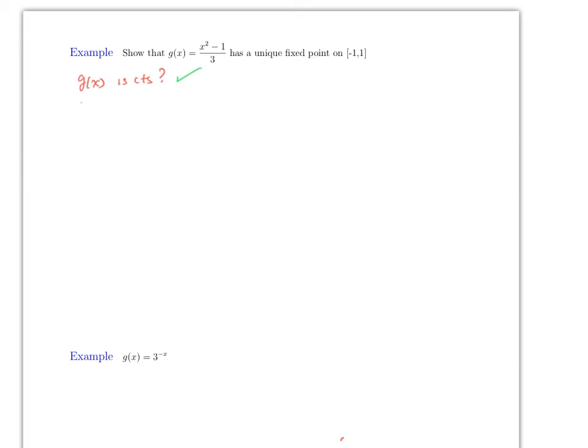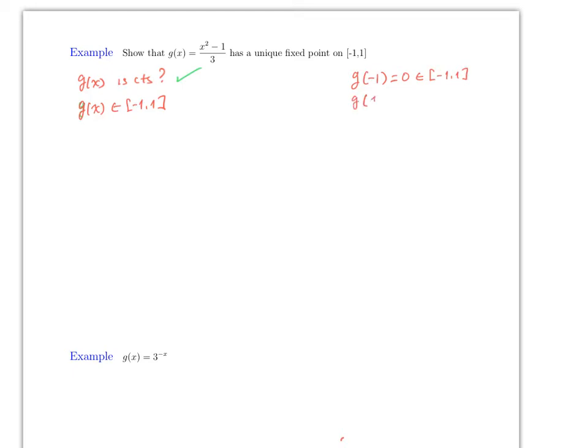Now, what about this? Is the image of G contained between -1 and 1? And this one is a little tricky to check, but it should be obvious that's the case in this sense. You can check that G of 1 is equal to 0, which clearly belongs to -1 and 1.